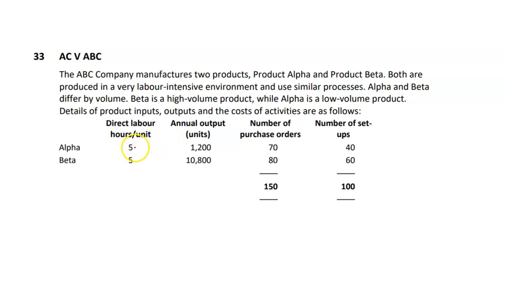And so we could argue here that look at Alpha, they need 5 hours to make each unit, and they're making a total of 1,200 units. So Alpha brings to the table a total of 5 times 1,200, which is 6,000 hours, right?